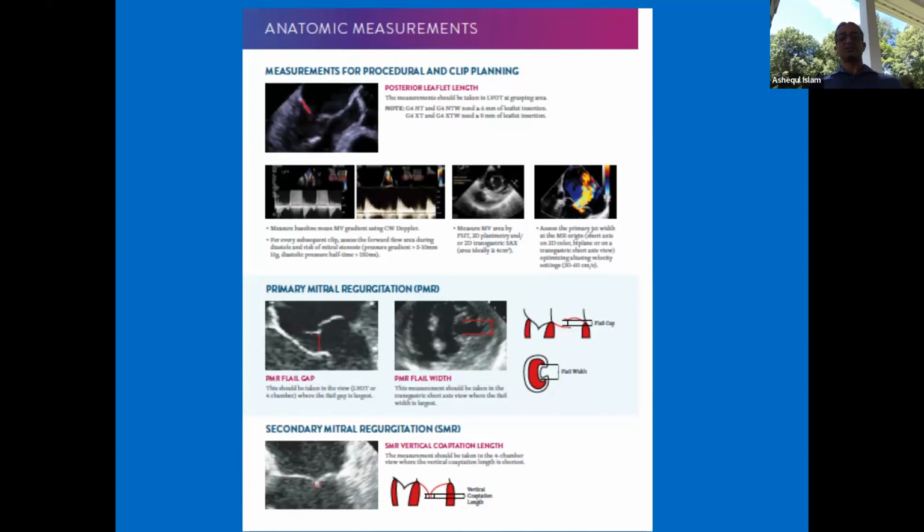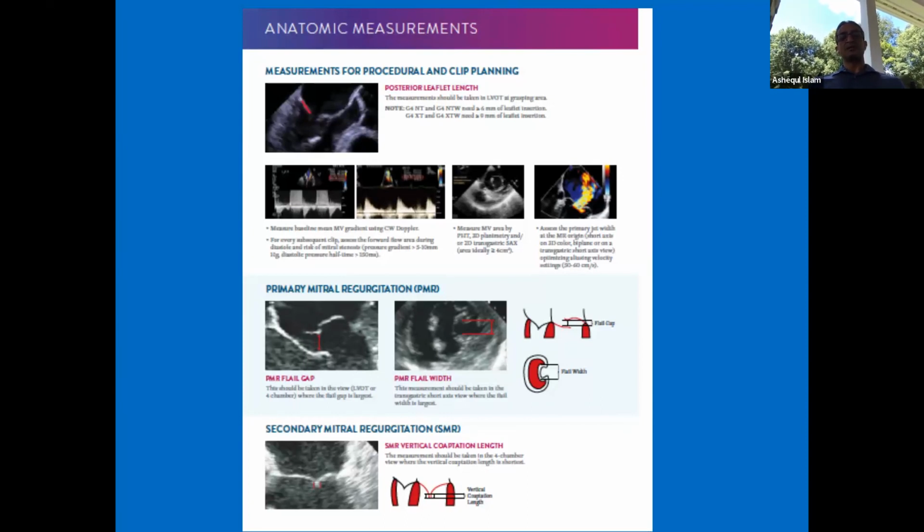The length of the clip is smaller than the XT, which is a longer clip. And you have also two different widths now, the narrow width and the wide width. It could be NTW or XTW, which is wide. So the advantage of these new ones is you could put a long XTW that would be a longer clip and a wider clip.